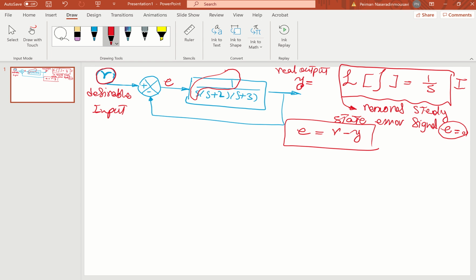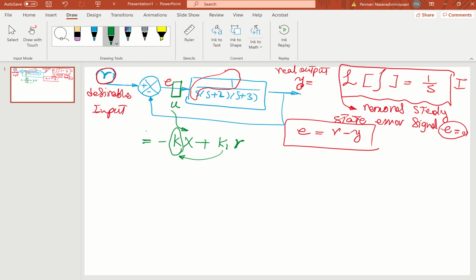So in the previous class, as you saw, we designed the controller. U was minus kx, with the gain that we found using the Ackermann formula in MATLAB, plus k1 R. K1 is the first element of K. As you look at part 14 on YouTube, you can see it.